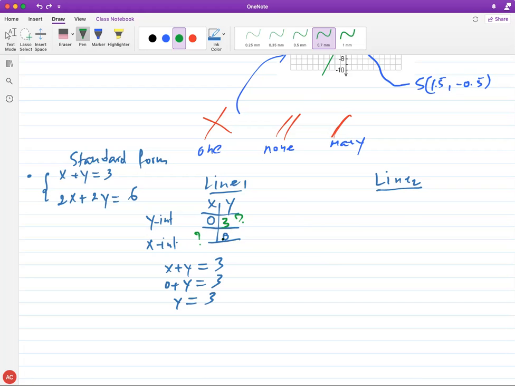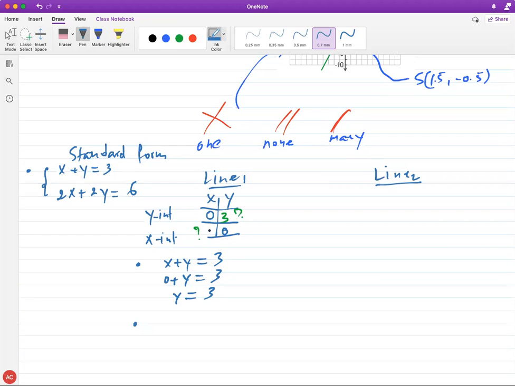We know that the y is 0, but we're missing the x. So what do you do here to find the missing number? We know the y, we need to find x. Again, we're going to plug the y in the equation.